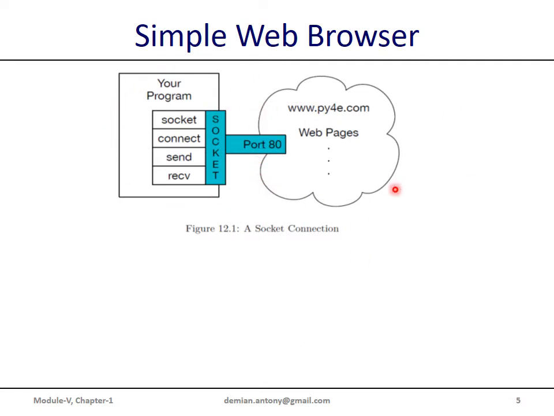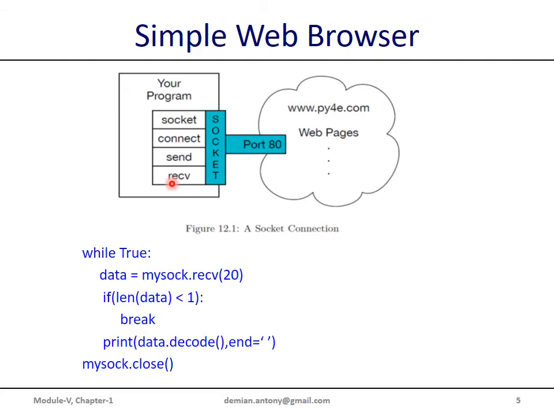As I said, the server is already available with the IP address or domain name and with the predefined port 80. What we have to do is create a socket, then connect, and in the first stage of this program we send the command, and the second phase of the program is receiving. Let us see how to receive this resource.